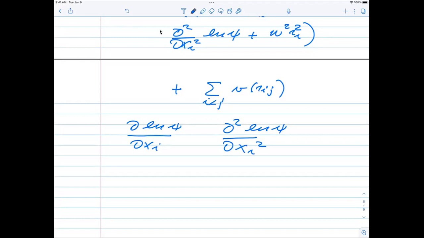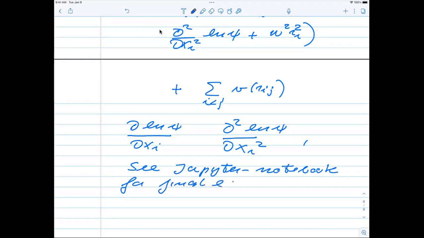These equations are all programmed in the Jupyter notebook, so see the Jupyter notebook for the final expressions. And then after this, we are going to go back to the Jupyter notebook and actually look at the code which you would need to implement.